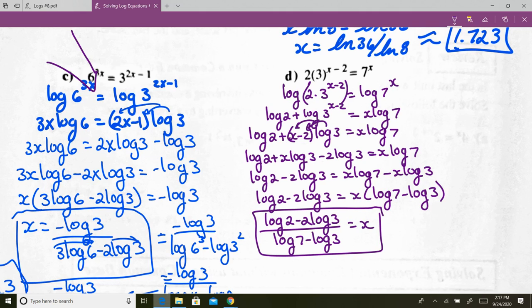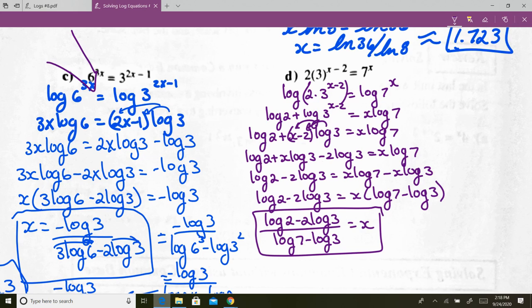And you can just leave it like that. If you collect things on the other side than what I did here, your answer would have the top numbers switched. It would be 2 log 3 minus log 2, and the bottom switched as well. It's still the same answer. Okay.